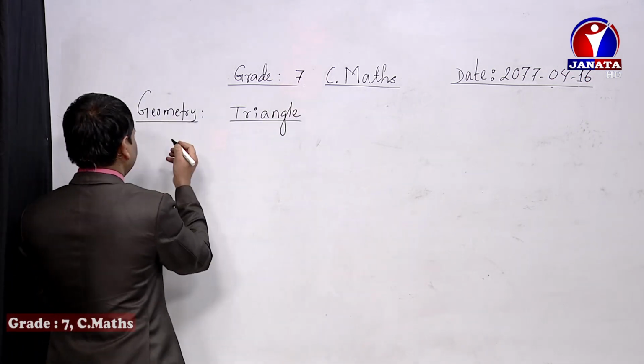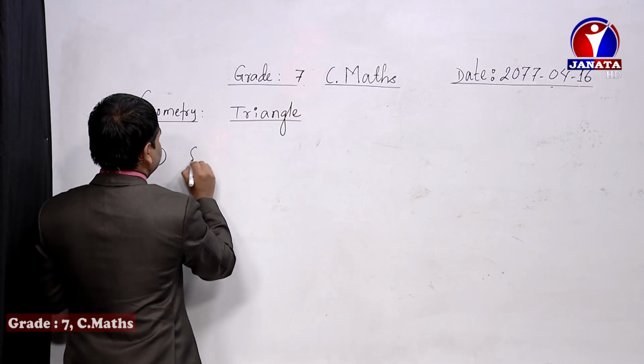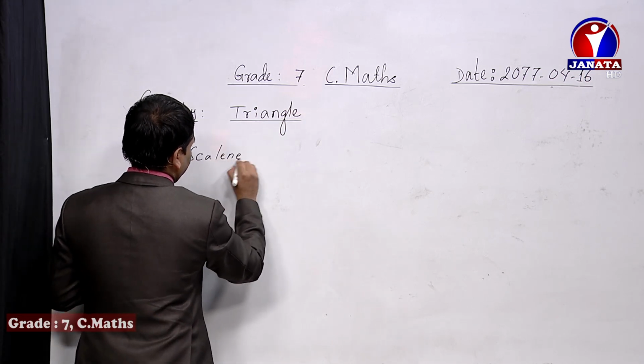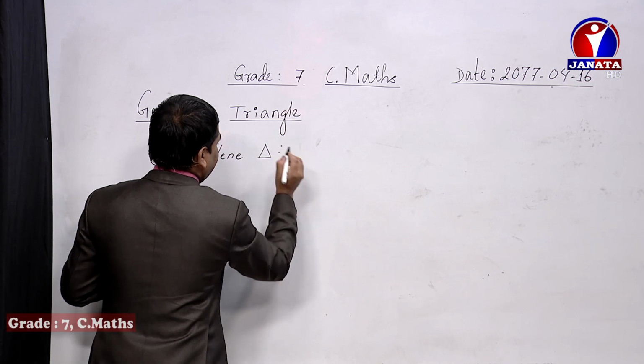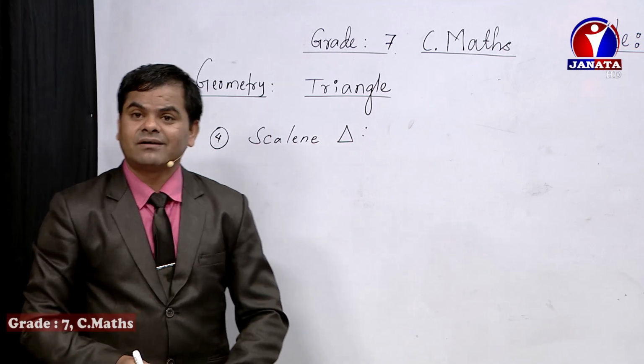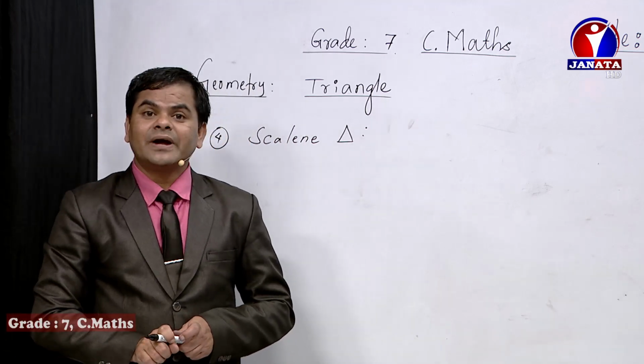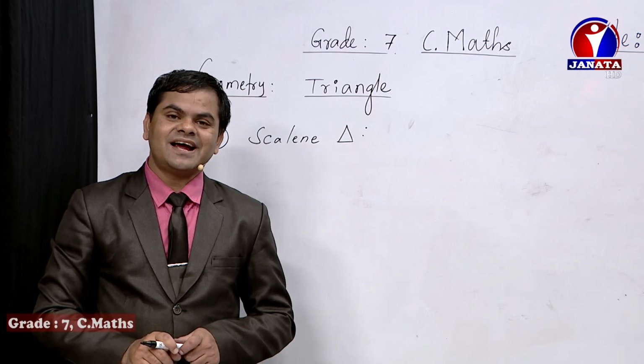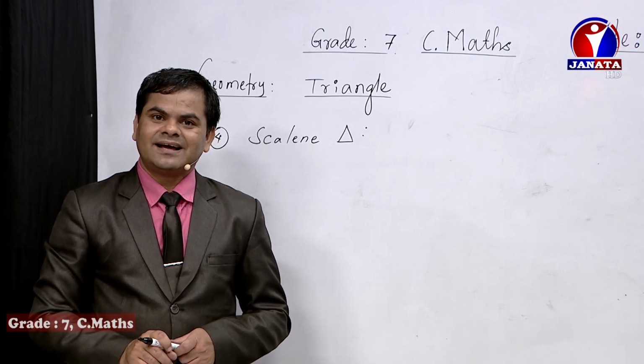Scalene triangle. That means the fourth one is scalene triangle. This is the type of triangle, dear student, where the sides are different.